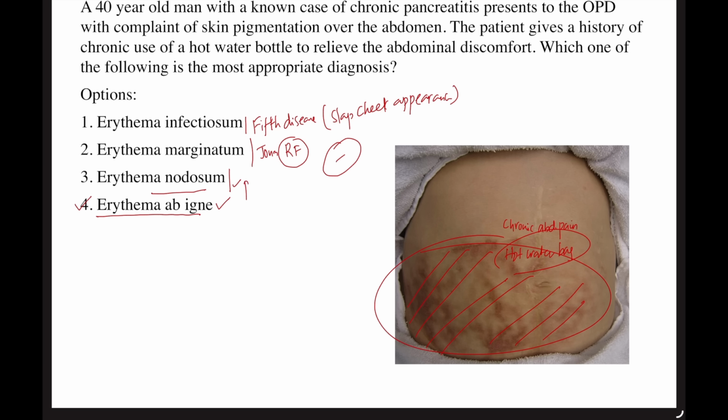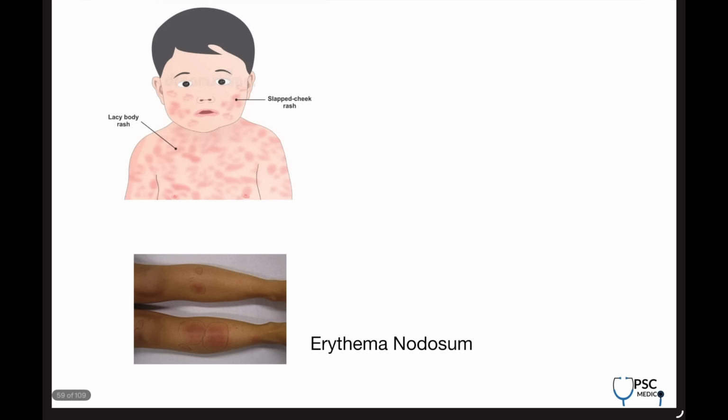It is painful, tender redness, majorly on the shins over the tibia. I'll show you the image. So this is erythema nodosum that you see. This is the slapped cheek appearance, which is erythema infectiosum, fifth disease. Erythema marginatum, I already showed you the image along with the Jones criteria question, where there was a question on subcutaneous nodule, if you can remember.